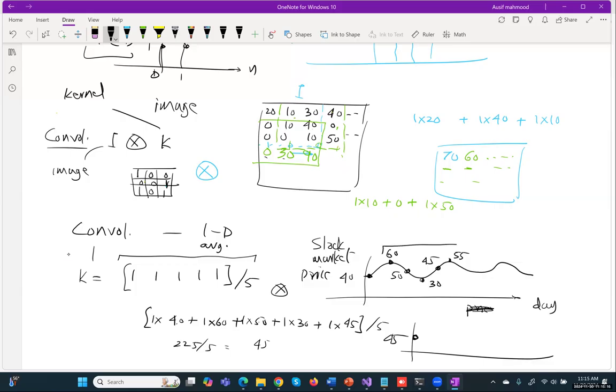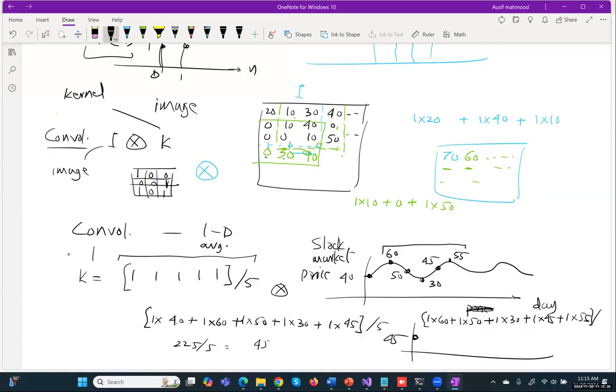Same way, now we shift the kernel. The kernel now will move over here. So we'll do 1 times 60 plus 1 times 50 plus 1 times 30 plus 1 times 45 plus 1 times 55 divided by 5.